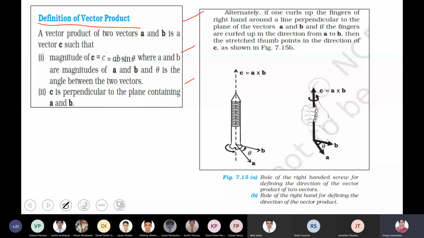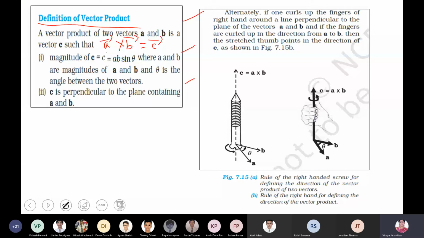I can write vector A cross vector B will be equal to C vector. In terms of magnetism, I can say V vector cross B vector will be equal to F vector.